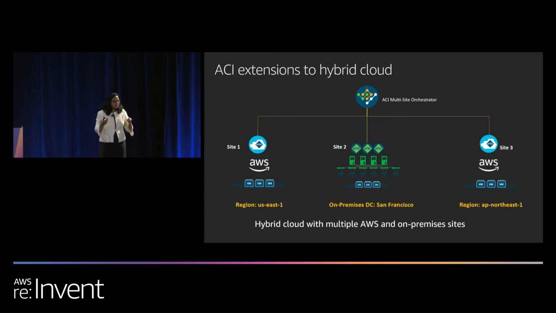So across the board, what's happening? Classify your application tiers into groups. Now those workloads can be of any types. In on-prem data centers, you can have containerized workloads, bare metal workloads, or VM workloads. In your cloud sites, you can have EC2 instances, you can have containerized instances, it doesn't matter.